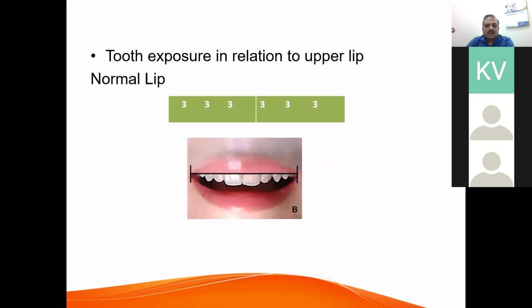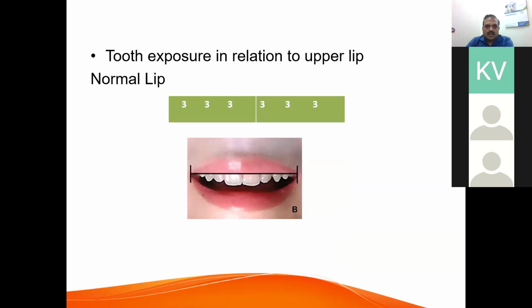So when the clinician examines the patient in a profile examination or a lateral cephalometric assessment and sees an excessive incisal show, you will get confused whether the patient has a vertical maxillary excess or not. So how to differentiate that?